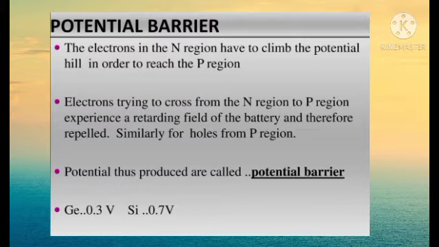Similarly for holes from P region. The potential thus produced is called potential barrier. The potential barrier for germanium is 0.3 volt and for silicon it is 0.7 volt.